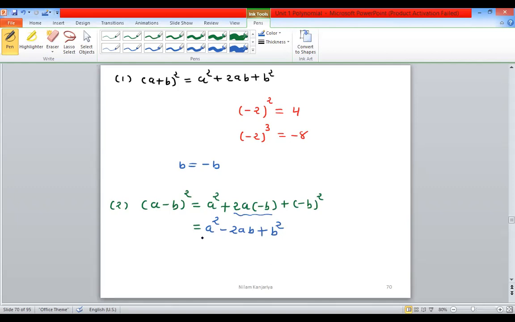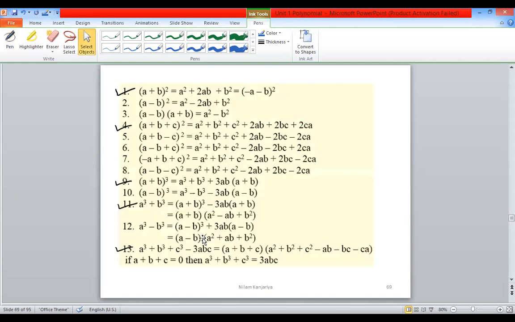So all students, just remember the positive identities only, and you can replace them for the negative identities by putting the minus term, nothing more.